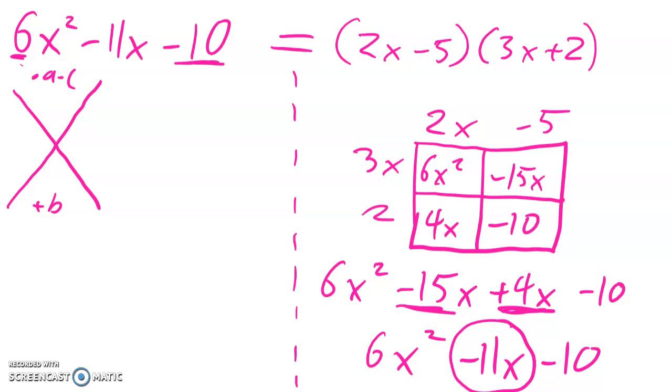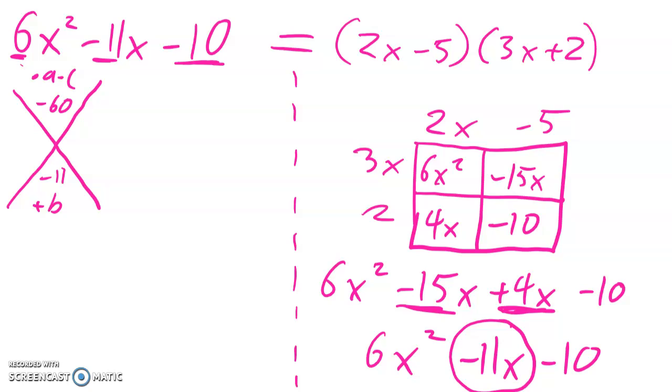I'm going to multiply those together. Negative 60. Then I put my b value in the bottom, negative 11. So what I am doing with this X is thinking about what are two numbers that would multiply to negative 60 and add to negative 11.